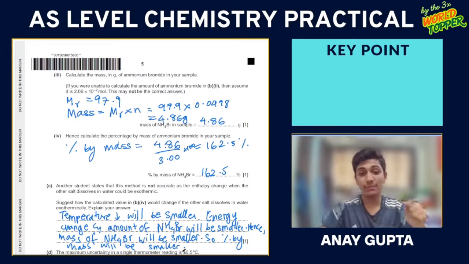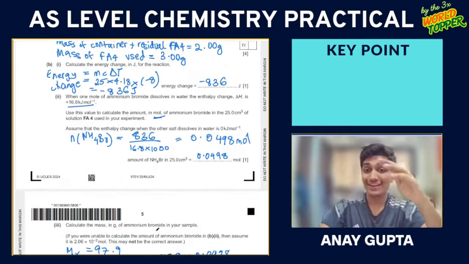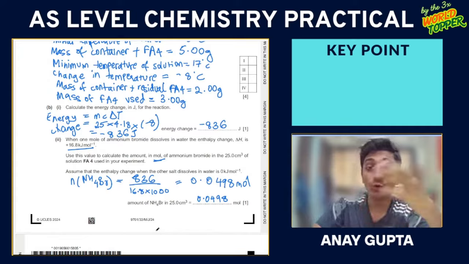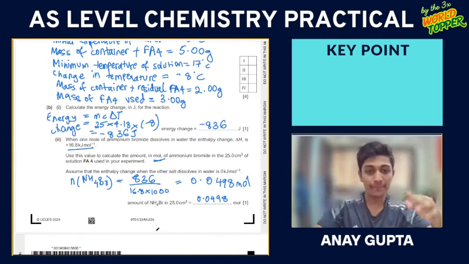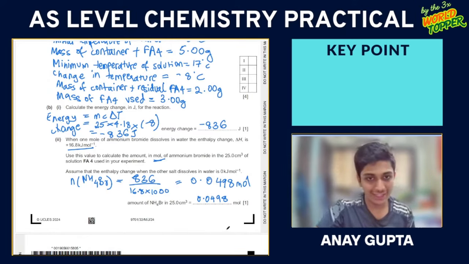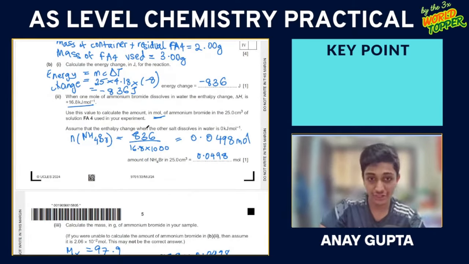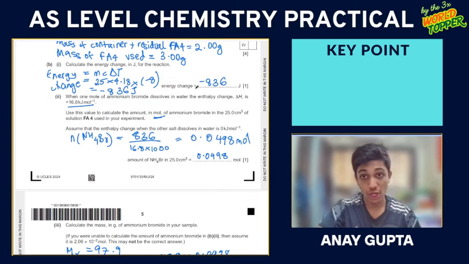Now, always remember that if your value that you are using is in the numerator, so for example, my delta T value will decrease. That is what I've established. Now, energy change is in the numerator, so if delta T reduces, the value of energy change reduces. Over here, this value that I've calculated with delta T, 836, is in the numerator. So if energy change reduces, this also reduces.